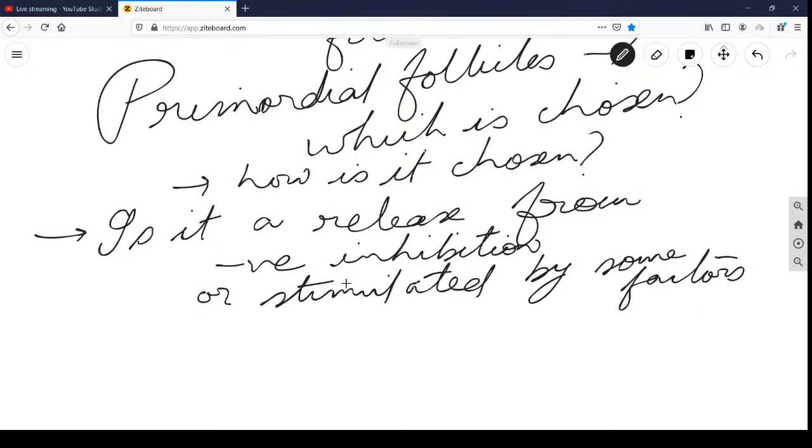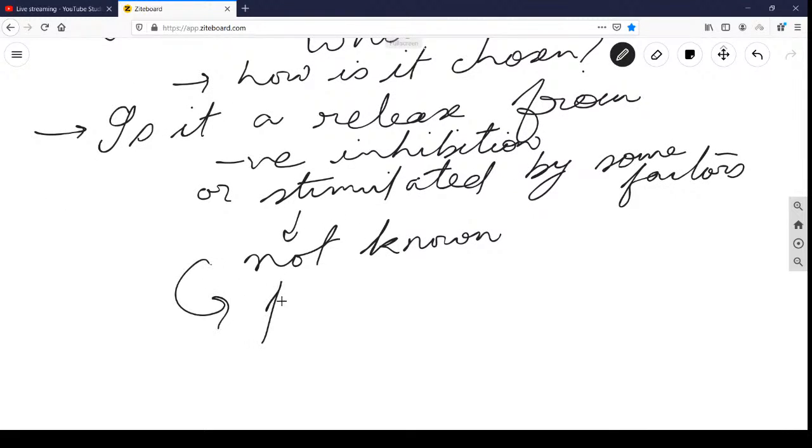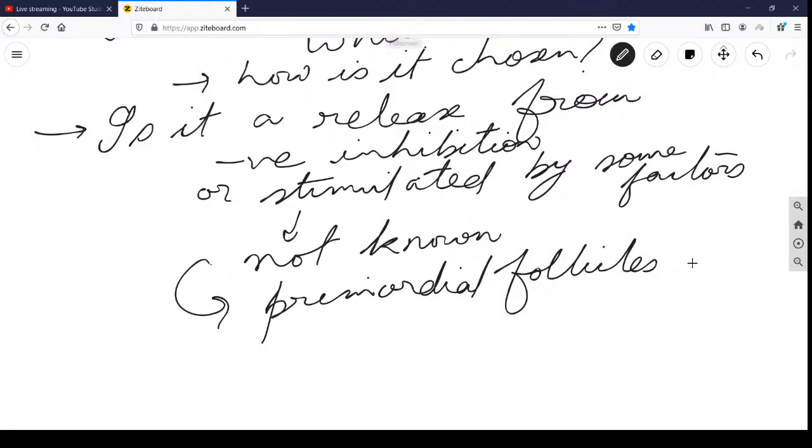These are still not understood. Not known, you can say unknown. So the primordial follicles which are chosen will grow. How they are chosen, still it is not known.